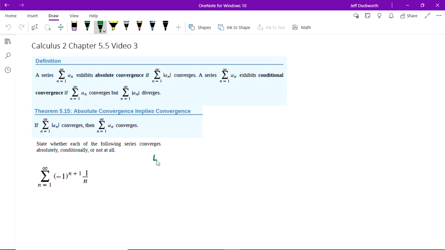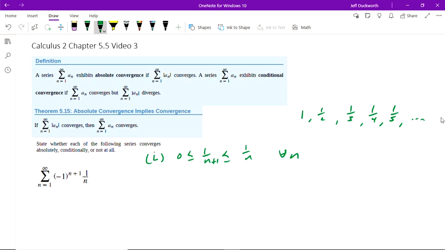So we know, first of all, for condition 1, we have 0 is less than or equal to 1 over n plus 1, which is less than or equal to 1 over n for all n. Basically, we have here 1, 1/2, 1/3, 1/4, 1/5, and so forth.